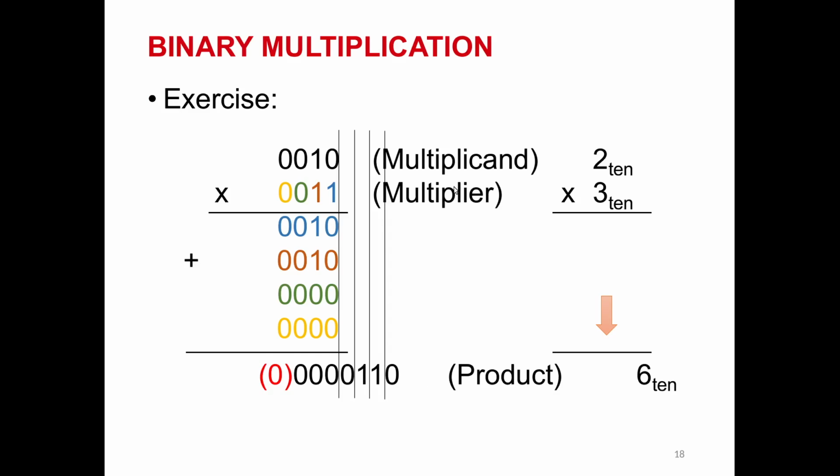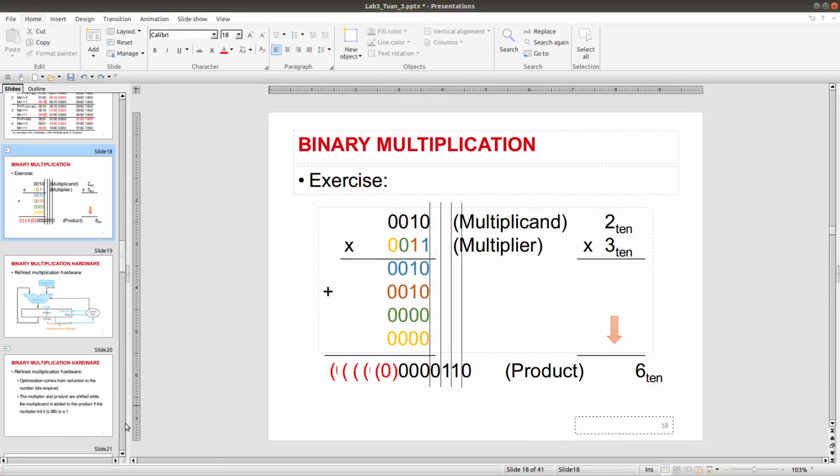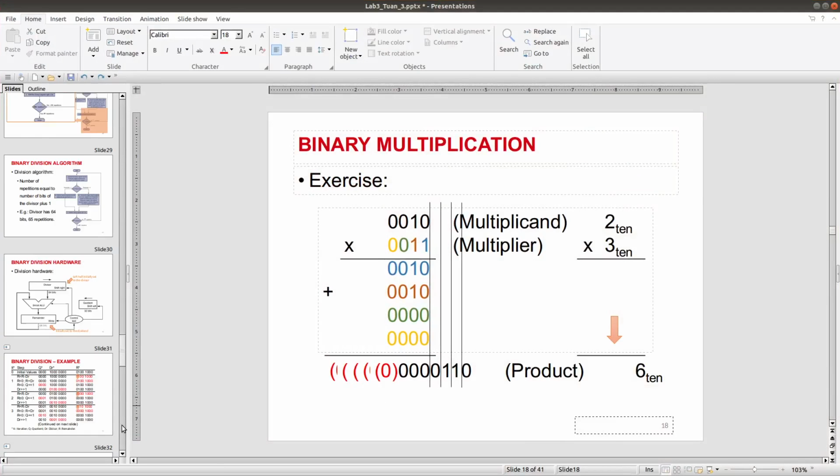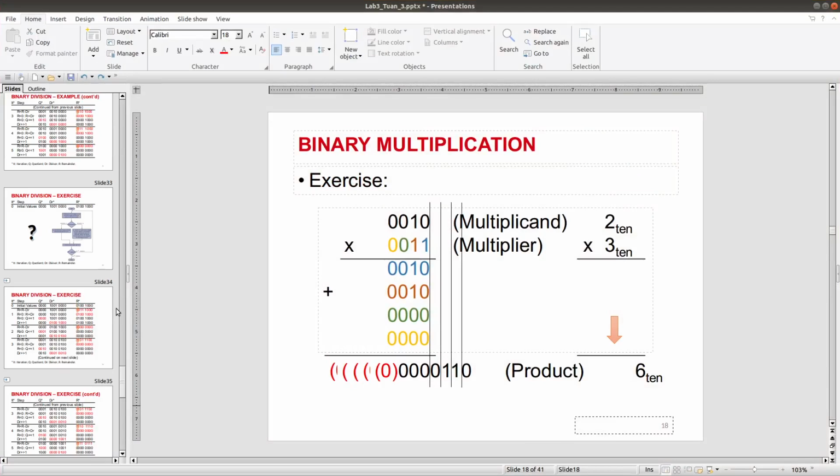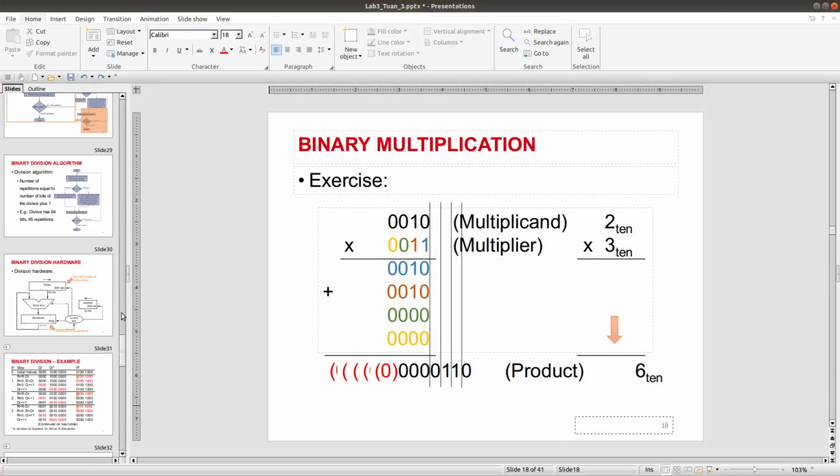It means that instead of shifting the data in this multiplier to the left, we will shift the result to the right, and we will apply the same understanding to our hardware for division.